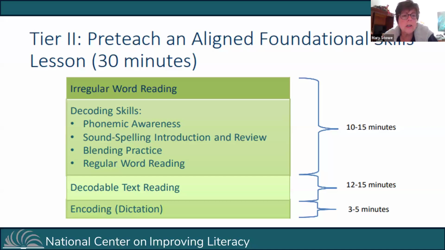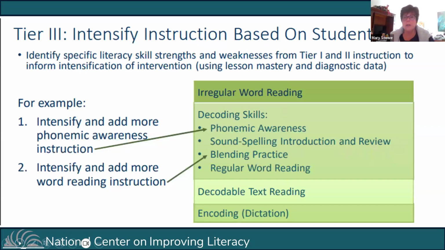But what might this look like at Tier 3? How will we think about this when we're intensifying at Tier 3? So at Tier 3, we see the same lesson format provided, but what we're going to do is intensify our work in certain areas because these are areas that need more support at Tier 3 because of the work that's being done at Tier 1 and Tier 2.